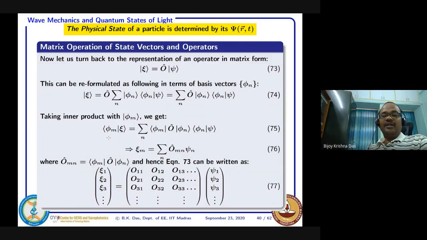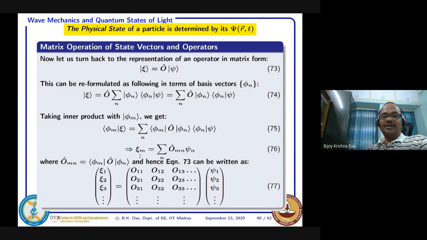Once you decide, then you are just finding what is the component of the xi along phi m. That is actually nothing but the sum over n. So OM1 psi 1, OM2 psi 2, OM3 psi 3, OM4 psi 4. All that has to be added. Then only you can get what is the projection of xi along the phi m.